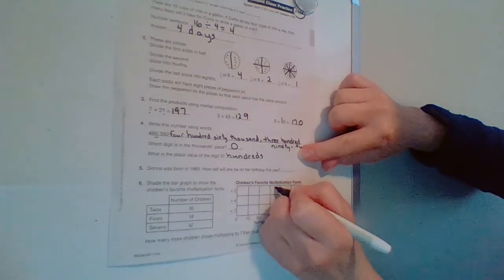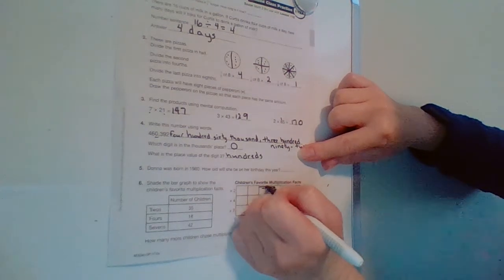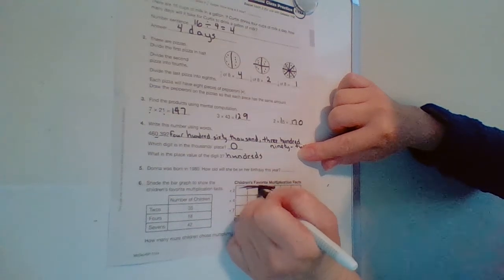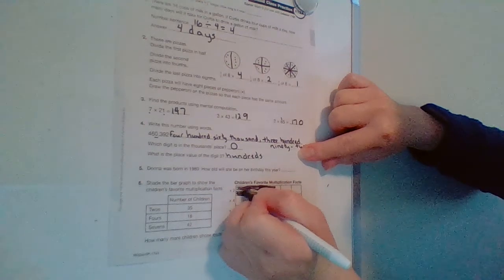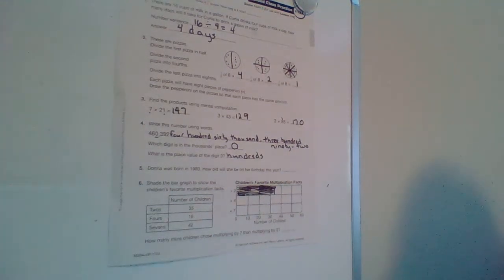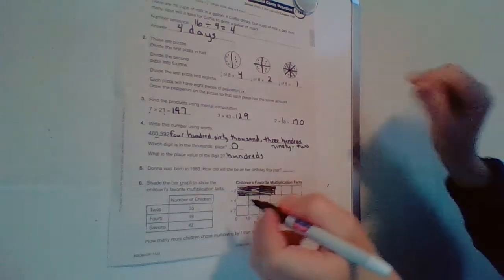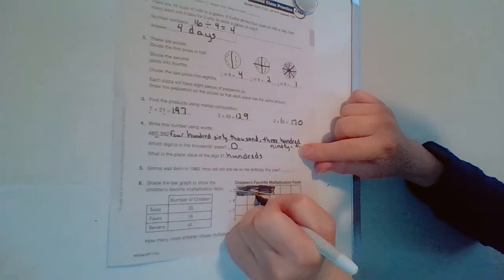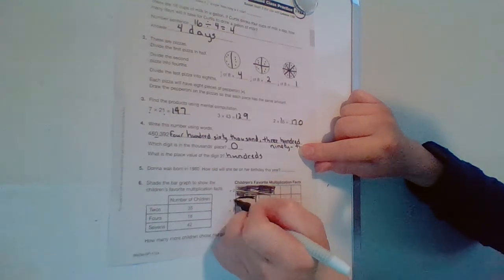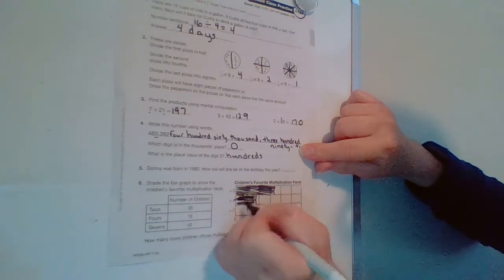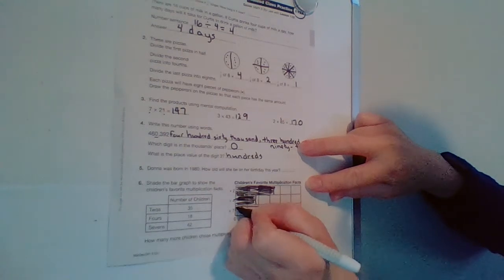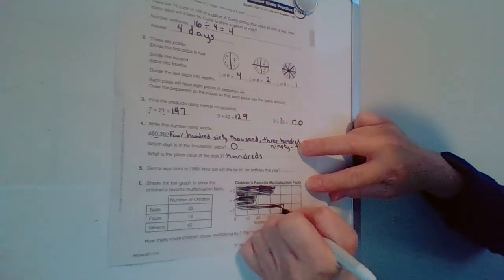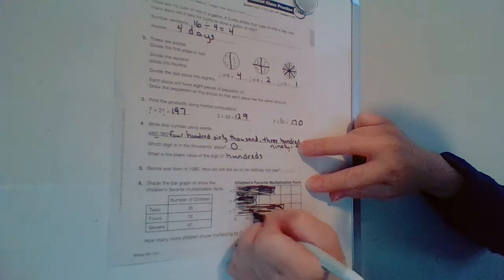So here's 30, and then that'll be 35. Okay, and the 4s, 18 kids like that. So right about here. And then the 7s, 42 kids like that. So right about there.